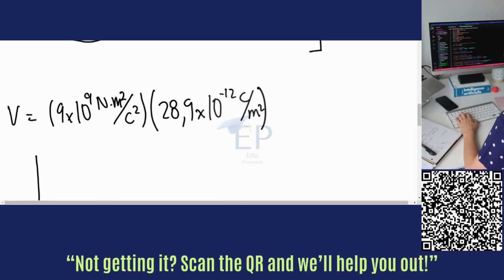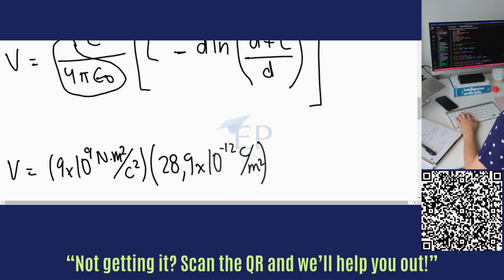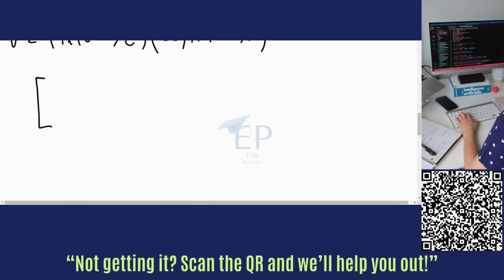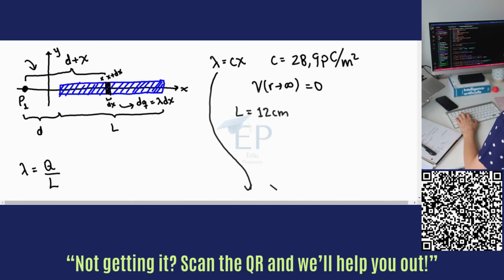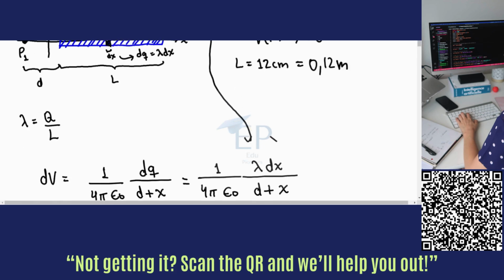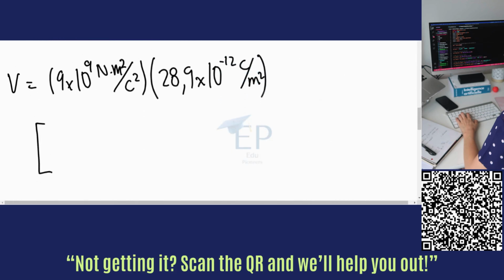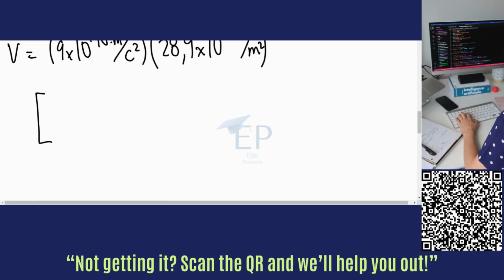And for the product in the brackets, we have the length, which is 12 centimeters. We can write that 12 centimeters in meters. So that will be 0.12 meters. We just need to simply divide 12 over 100 meters. That's the conversion factor.